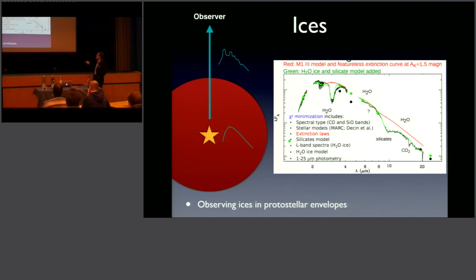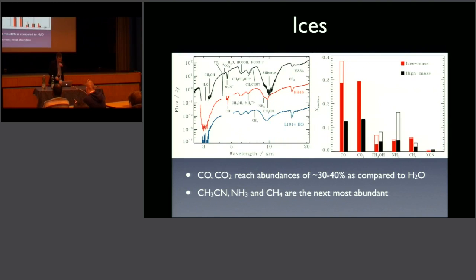These opacities are labeled here, for example, the CO2 ice feature, the water ice features, and the silicate, from the inner silicate material. But basically, you see the ices in absorption, and from the optical depth you can get an estimate of the abundance of these molecules in these ices.